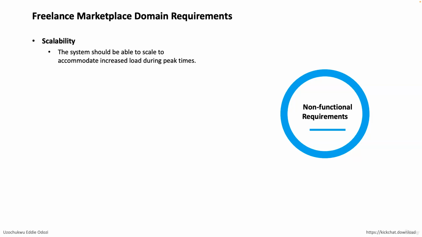But once we have an application that we think users can start using and we want to deploy to the cloud, then we can take scalability into consideration. The system should be able to scale to accommodate increased load during peak times.